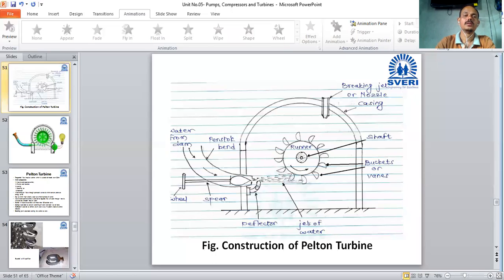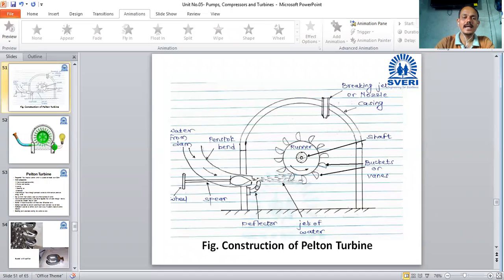ओके, सो दिस वन इज द penstock. Penstock is provided to transfer water from dam towards the turbine, and it also works as energy converter, that is pressure energy to kinetic energy.